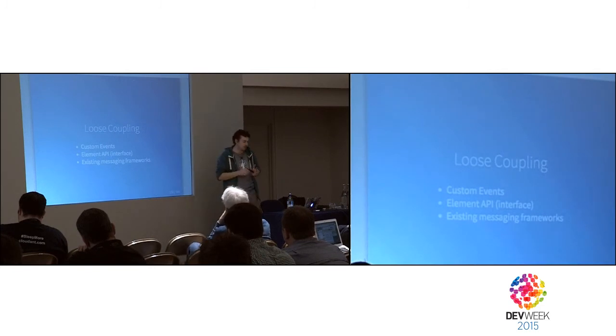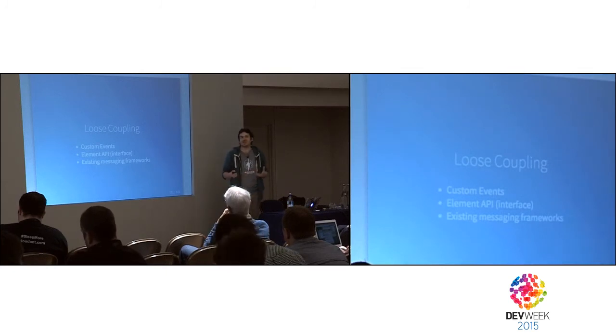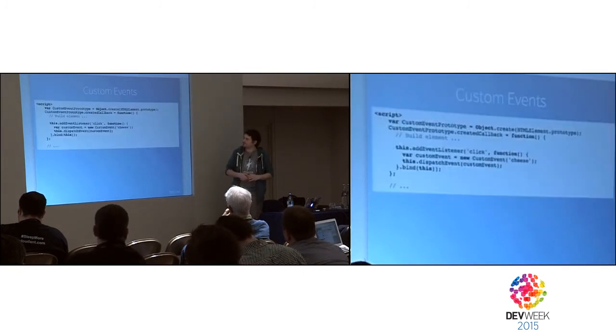Polymer has a core message bus or something as well. So they've added this idea already. Data binding is also part of Polymer, so you can share an object and communicate through data binding on these properties as well. But that's not specifically web components, that's more Polymer.